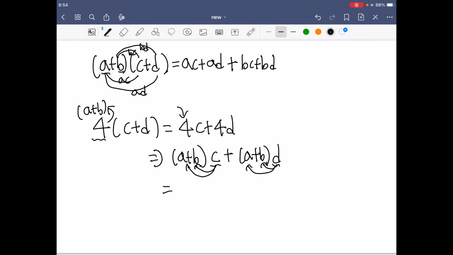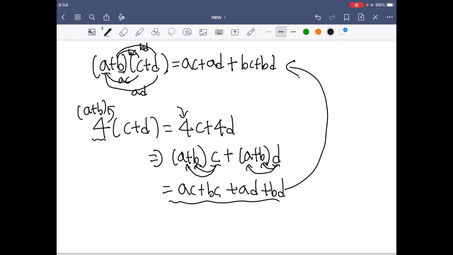So if we expand those two brackets, that's how you get AC plus BC plus AD plus BD. It's pretty much the same as this one. So that's why we need to multiply all the numbers between those two brackets. It's really necessary.